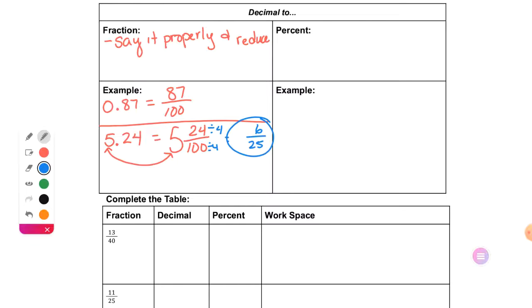I forgot my 5, okay? And I have some people who will even put it in this step and then still forget it in their answer. So always go back to, if I have a whole number in my decimal, I have to have a whole number in my fraction.